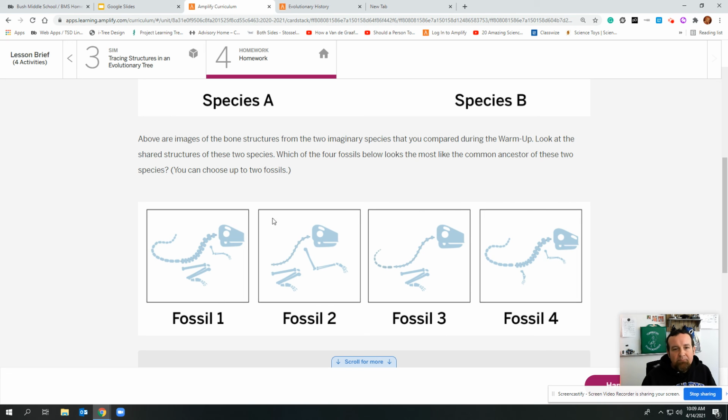We've got 4 other fossils, and your job is to choose which of the four fossils below looks the most like the common ancestor of the two species. And I'll give you a hint. If you're going to get this 100% correct, you're going to pick two of them.